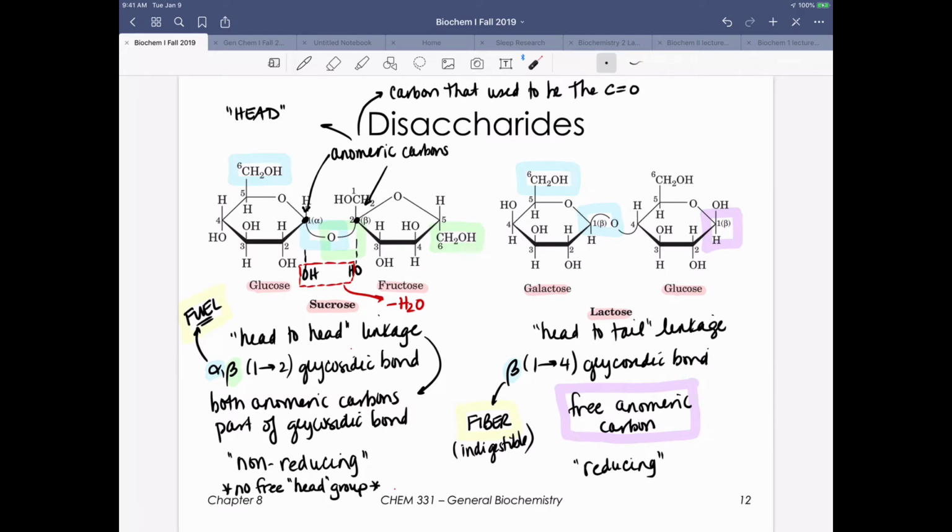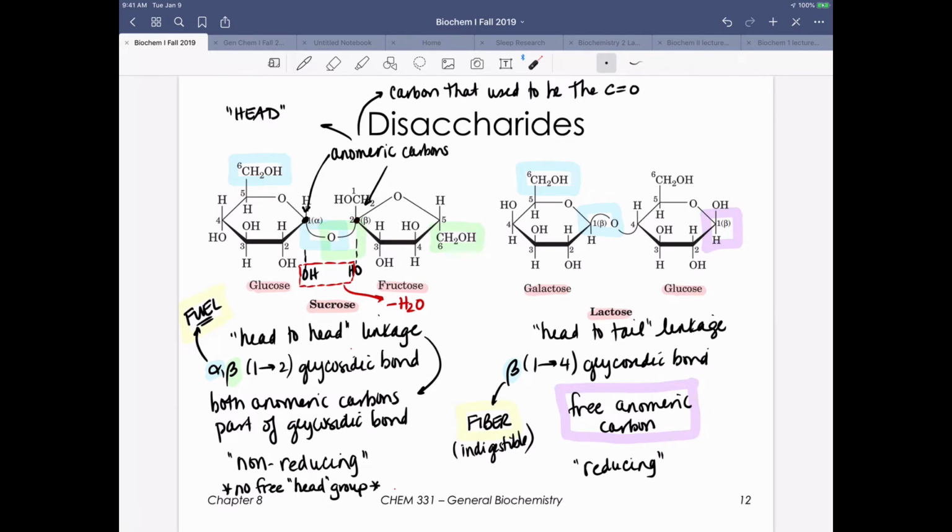When you have a disaccharide or a polysaccharide, the Greek letter gives you information as to the stereochemistry of the glycosidic linkage. We can figure that out: this one shown in blue used to be an OH group that was pointing down. It's on the opposite side as the exocyclic CH2OH group, so this one is alpha.